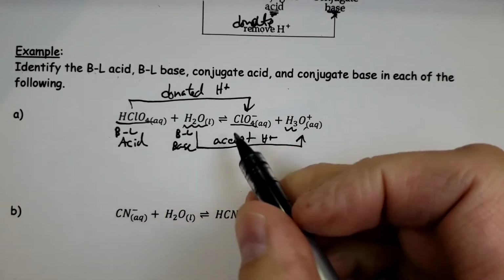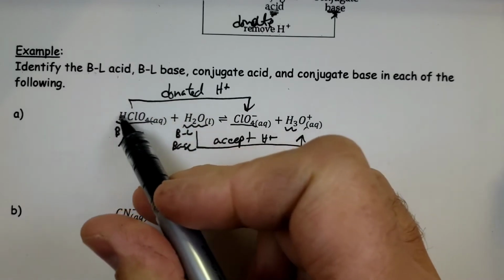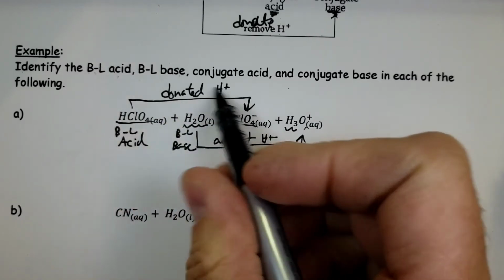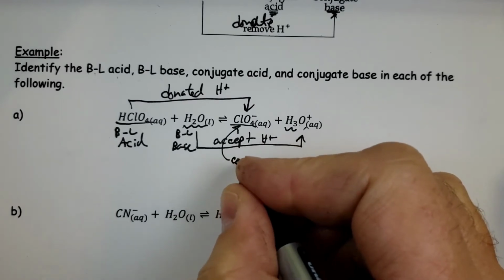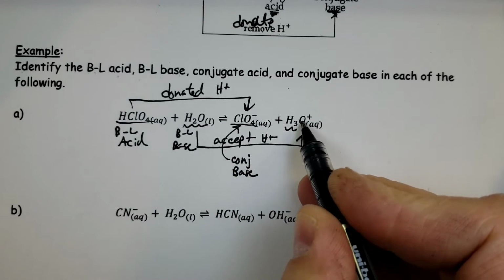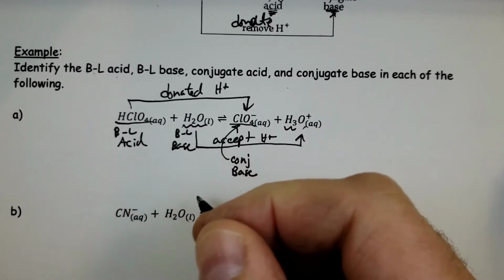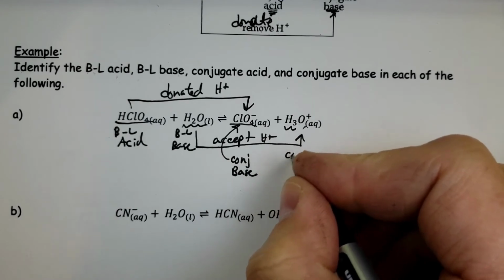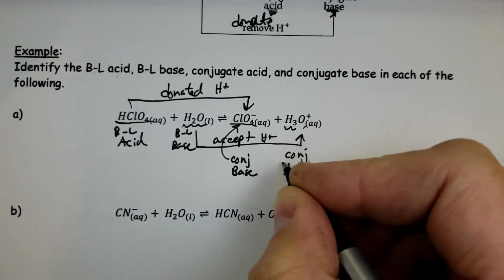Okay, then going backwards, ClO4 negative to become HClO4, it accepts. Therefore, this is going to be the conjugate base. And H3O, to go backwards and become H2O, it donated an H. And anything that donates an H is an acid.